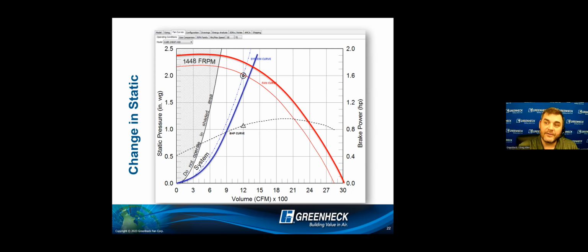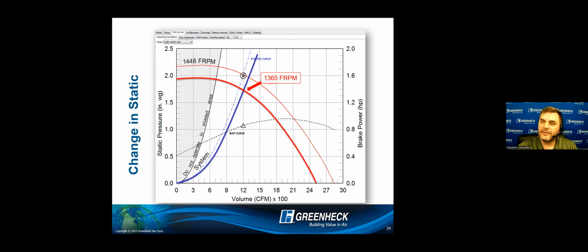So now I got to slow the fan down so that my curves cross at 1200. I got to slow that fan curve down, change my RPM so that again, I'm crossing at 1200. And in this scenario, I'm at 1365 to hit that golden point of moving 1200 CFM.